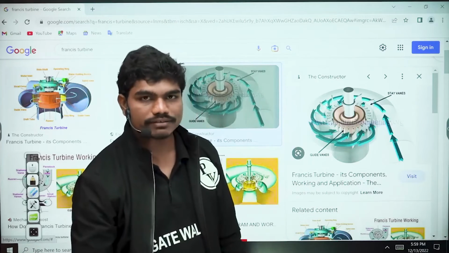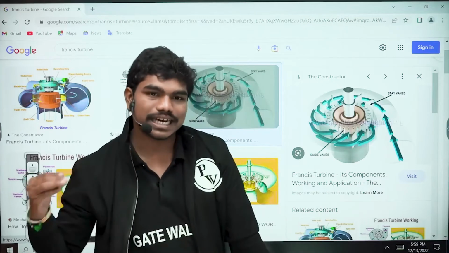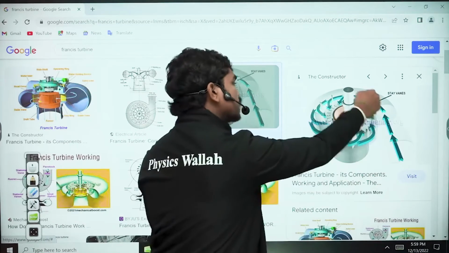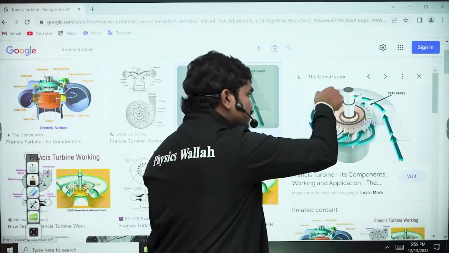In your lab you might have seen Francis turbines mounted on the horizontal floor. The jet enters the turbine blades, and this is a spiral casing, not completely circular.